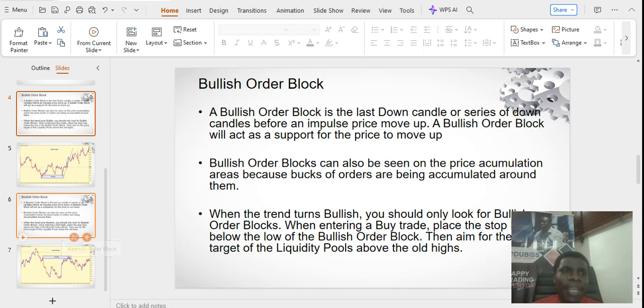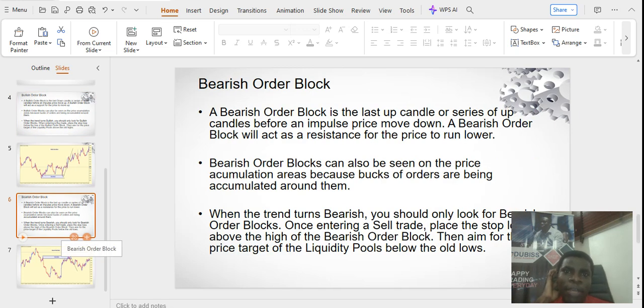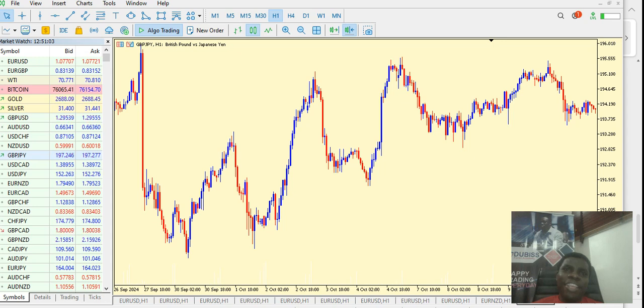In a downtrend, where we are expecting price to go down, you place your stop loss above the high of the bearish order block. So let's jump into the chart and see how we can identify these order block zones and also enter trades with them. Okay, here we are now.